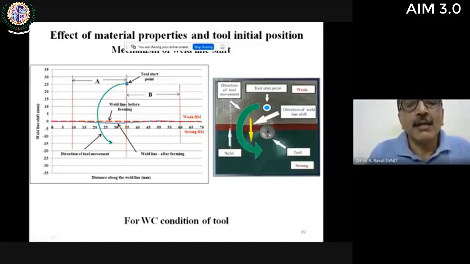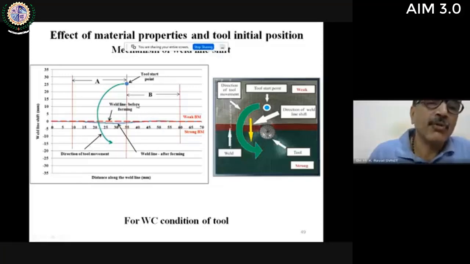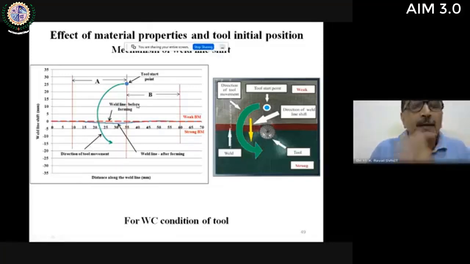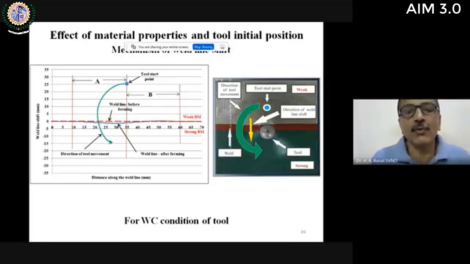Then deformation moves towards the weld line, so the deformation direction is towards the weld line. At the same time, the tool is also moving in this manner. The sheet which is in contact with the tool's bottom point will be dragged because of the tool motion.